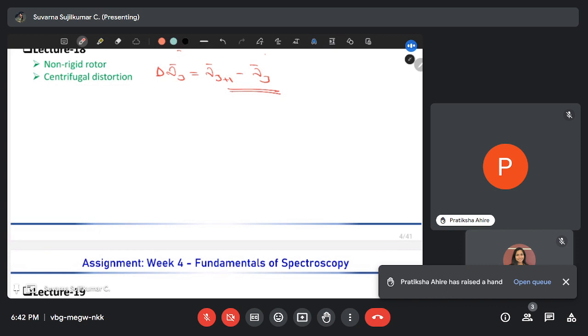We just derived the expression for delta nu J bar. The difference in the energy levels in terms of wave number is given by 2B into J plus 1 minus 4D J plus 1 the whole cube. Okay.